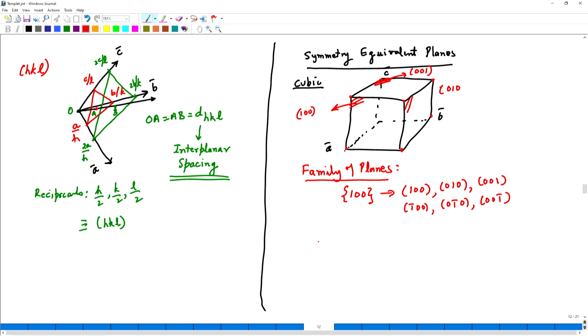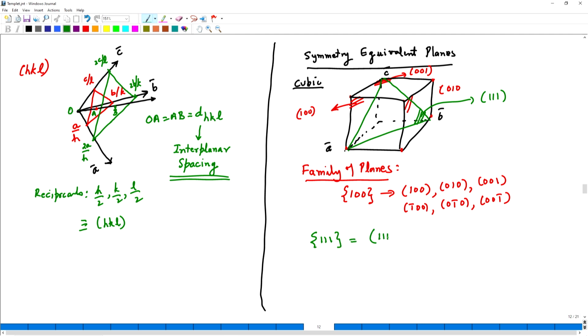If, instead of this plane, I had talked about this particular plane, we have seen the Miller indices for that is 1, 1, 1. For the family of planes, I will put it in curly brackets. And what are the families?